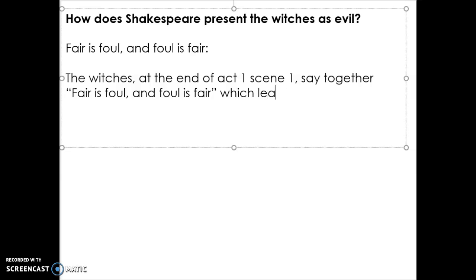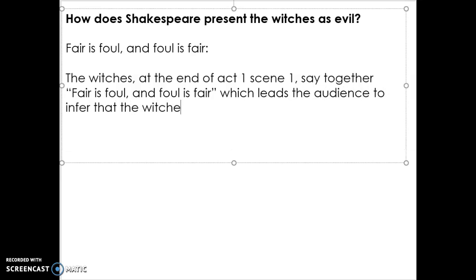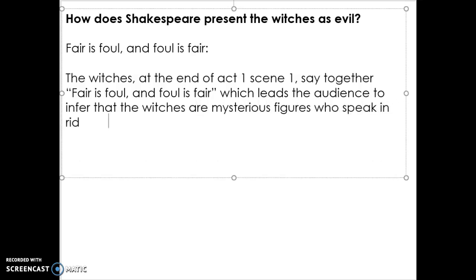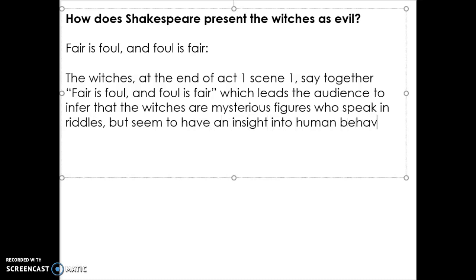So we'll say, which leads the audience to infer that the witches are mysterious figures who speak in riddles but seem to have an insight into human behaviour. So we maybe don't infer all that just from that line, but we can infer that they're a bit mysterious because they speak in this slightly riddly way. So it helps us to just build that general explanation.